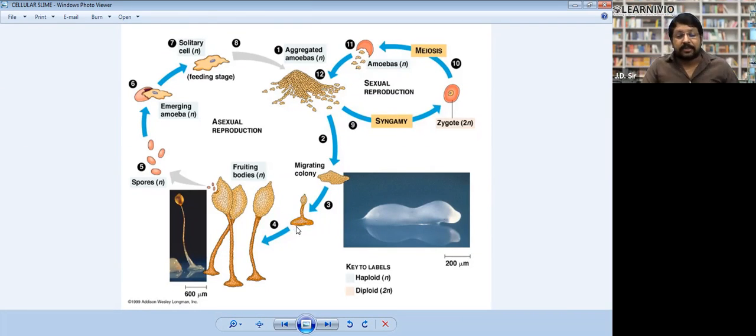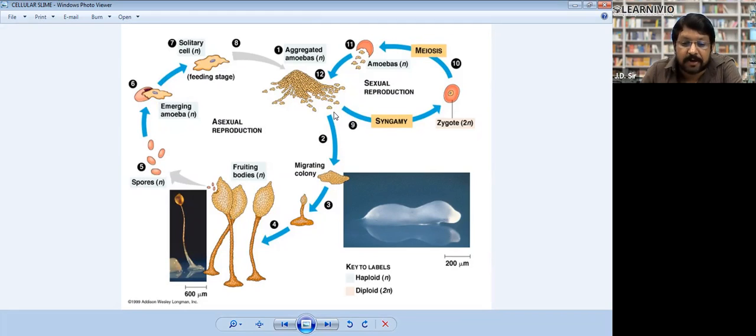After that they make fruiting bodies, and these develop spores. The spores spread here and there, and they are hard structures. On favorable conditions, the spores rupture and again make amoeboids. This is the asexual reproduction of the slime mold.